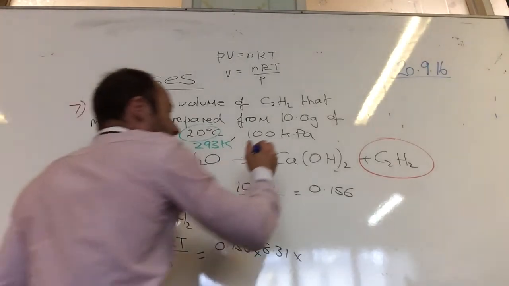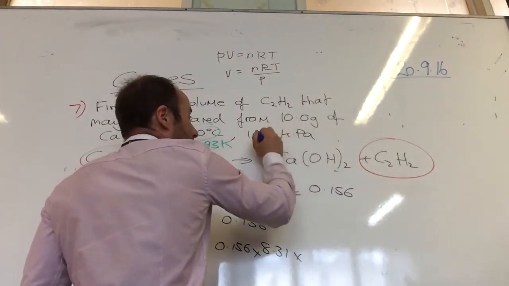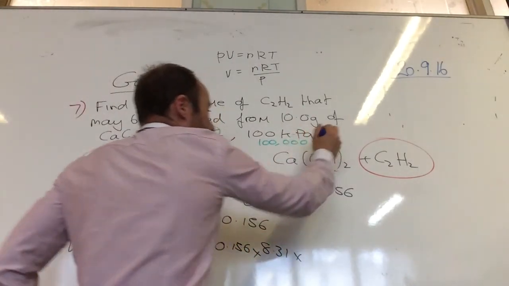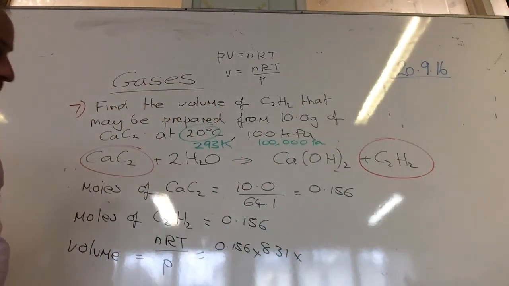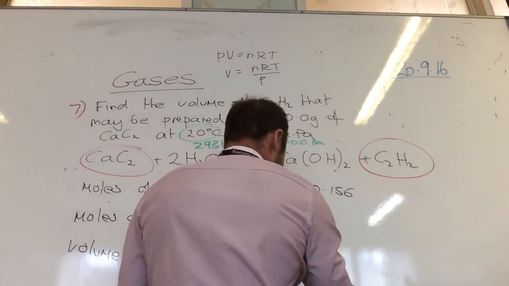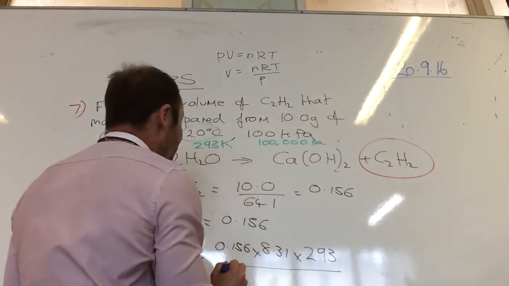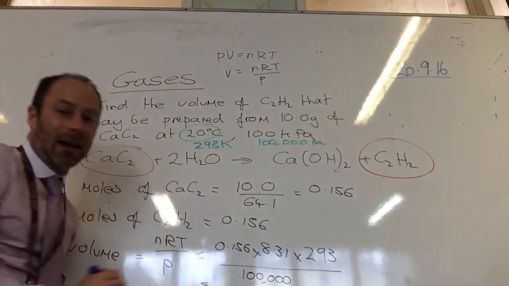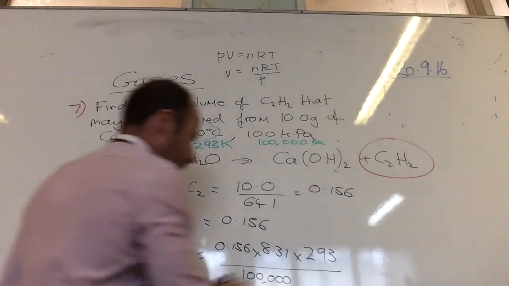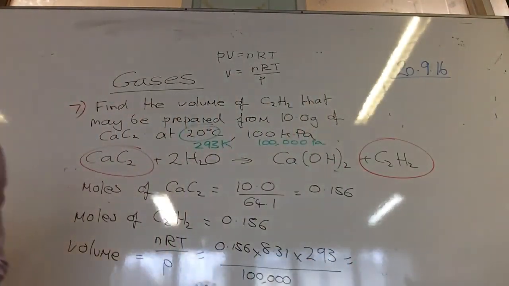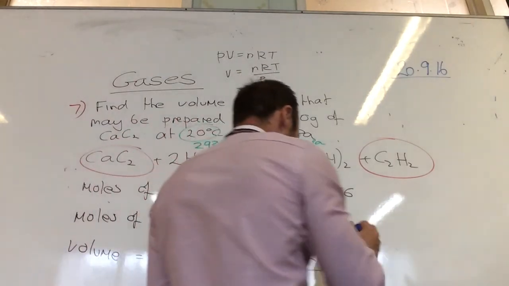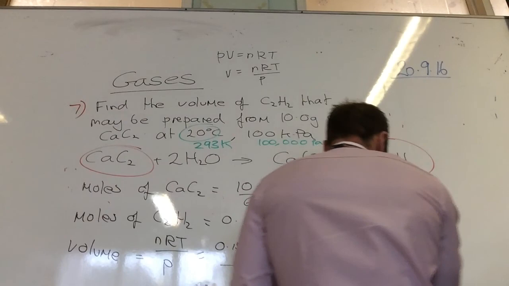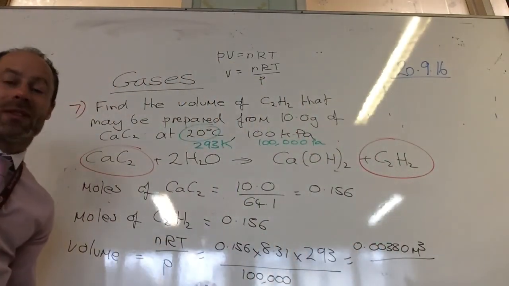They've told me the pressure is 100 kilopascals, which is 100,000 pascals. So I put those in. That's times 293 divided by 100,000, and that gives me 0.00380 meters cubed. Yeah, that's fine.